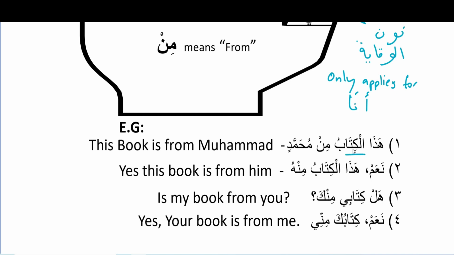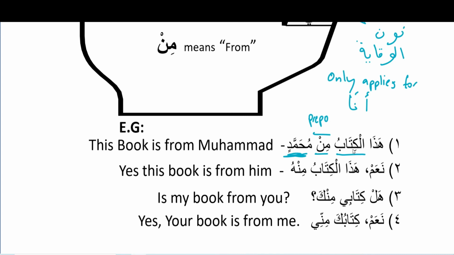Once you see alif lam, you know this is a noun. Confirm, right? Then we have min. Min is a huruf jar, preposition. I just put here preposition. Then we have the word Muhammadin, that comes after huruf jar. It represents what? A noun, right?